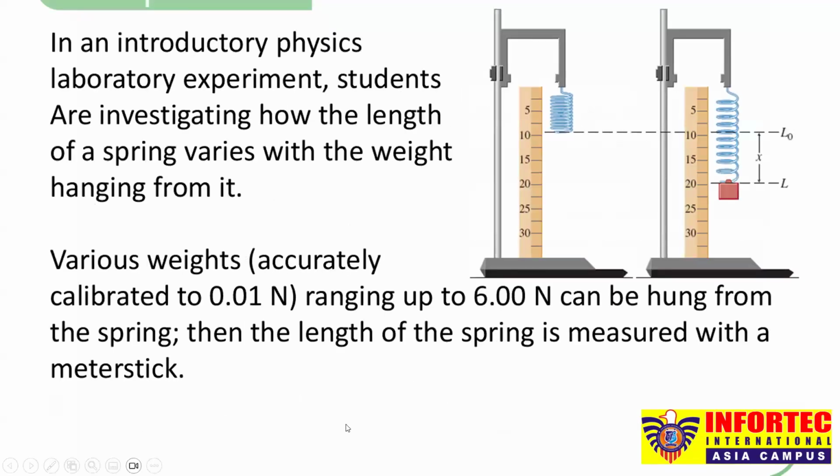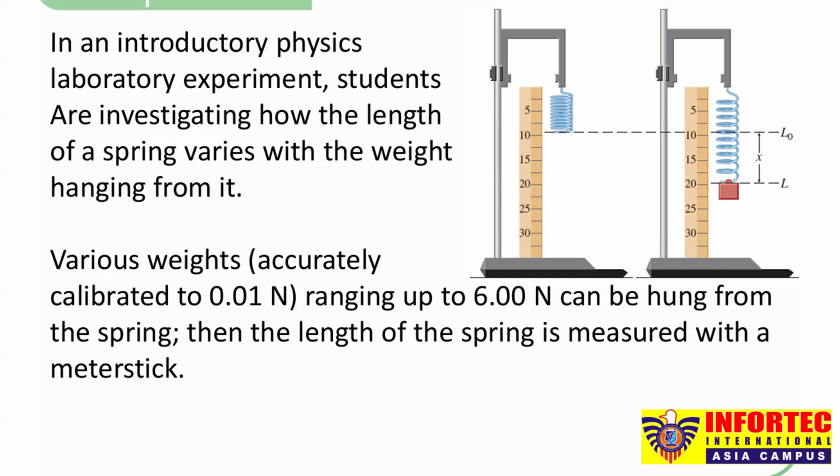Then you can see an experiment here. This is an introductory physics laboratory experiment, a very small experiment as an example. You can see a spring here; in the first picture it is in the equilibrium state. In the second picture you can see some weight.